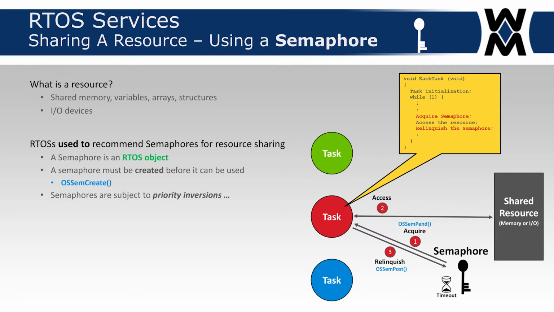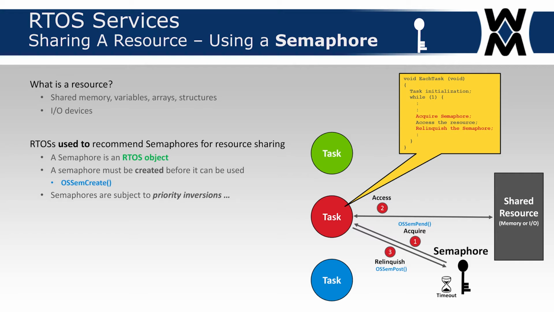But the idea is that each task that wants to access a shared resource would have to get access to the semaphore. And if somebody already owns that semaphore, that key, then that task will have to wait until that semaphore is released. Once I grab the semaphore, once the key is available from the RTOS, then I actually access the resource.